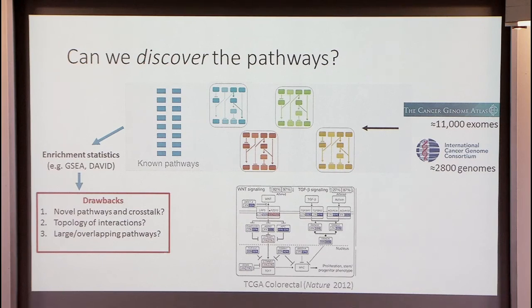You won't see any new pathways. These pictures are showing you something about the interactions themselves and the topology of the interactions, whereas these tests are just showing you individual gene sets. The pathways in the databases can be large, and they can overlap in different ways. So we'd like to do other things with the data. Could we discover the pathways from the data?